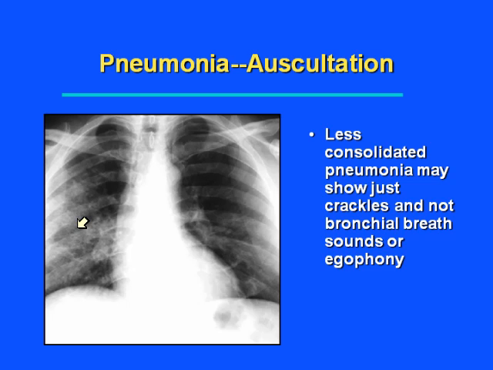Whereas I can't tell you exactly what this patient would sound like, what I can say is this is not a very densely consolidated infiltrate, and it's possible that someone with a milder degree of abnormality in the lung, less alveolar filling, would just have some crackles and might not have all the findings of pneumonia, of consolidation. So there'll be a lot of variation in your examination for pneumonia.